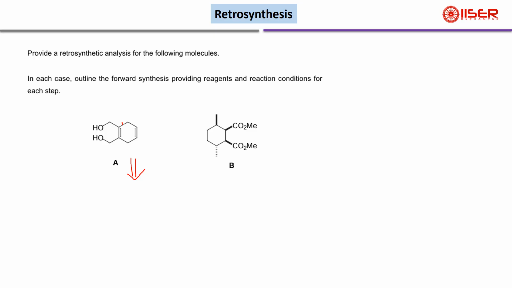Okay, so if you just do a functional group interconversion, and this OH group becomes acid, because we can easily hydrolyze the acid groups to OH. So that's why we are doing this functional group interconversion.